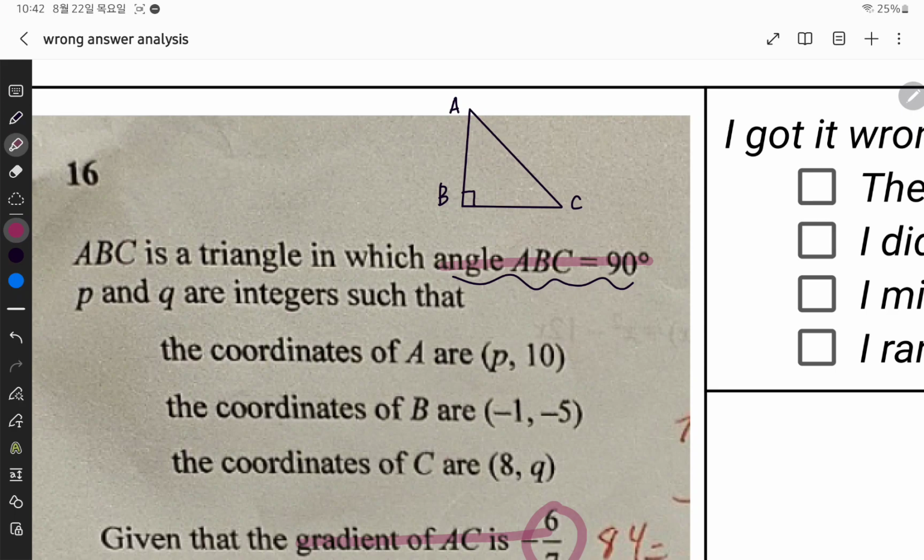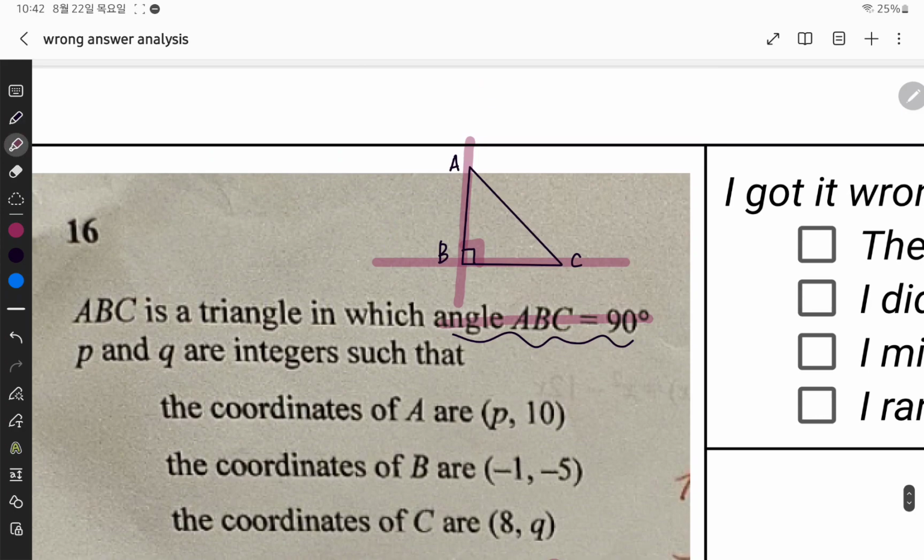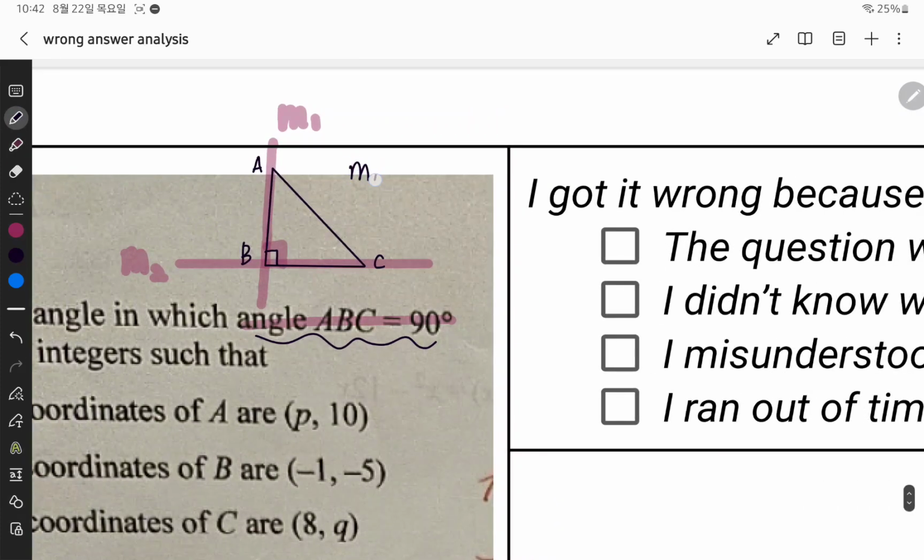So, when we draw out the lines that make the triangle on the grid, we're going to see that these two lines make a perpendicular, which means the slope of this line, M1, and the slope of this line, M2, are going to be what? M1 times M2 is going to make -1. Why? Because it's perpendicular, right?